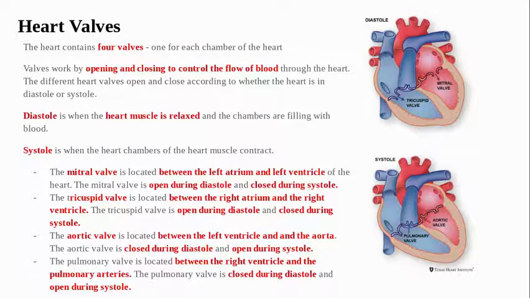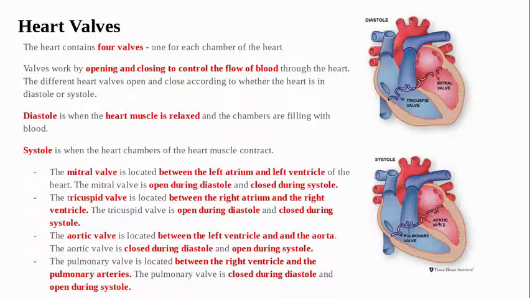So the mitral valve, which is between the left atrium and left ventricle up here, is open during diastole to allow the blood to flow in, and then closed during systole so that there's pressure for the blood to pump out there. Similarly on the other side, there's the tricuspid valve, which is also open during diastole and closed during systole.